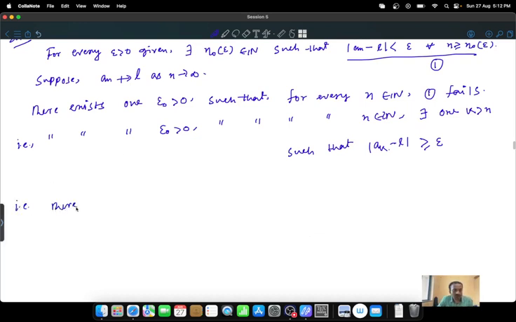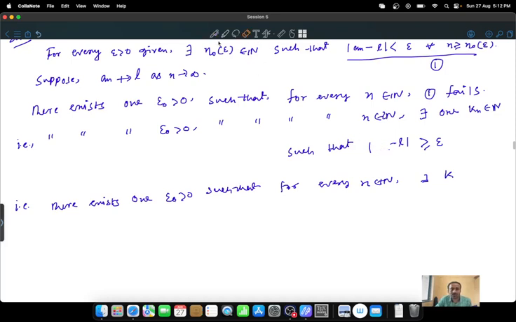There exists one epsilon such that for every n belongs to N, there exists k. Let me write this k as depending upon n, so let me write it as kn, because it depends upon the natural number.